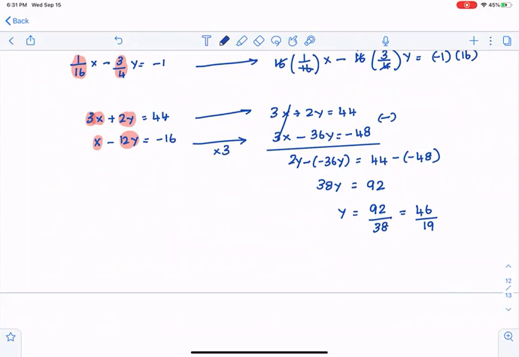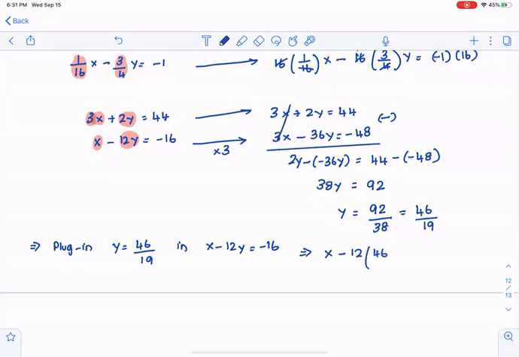It seems to me that the second equation would be better. So plug in y equals 46 over 19 in the second equation. So x minus 12 times 46 over 19 would be equal to negative 16.